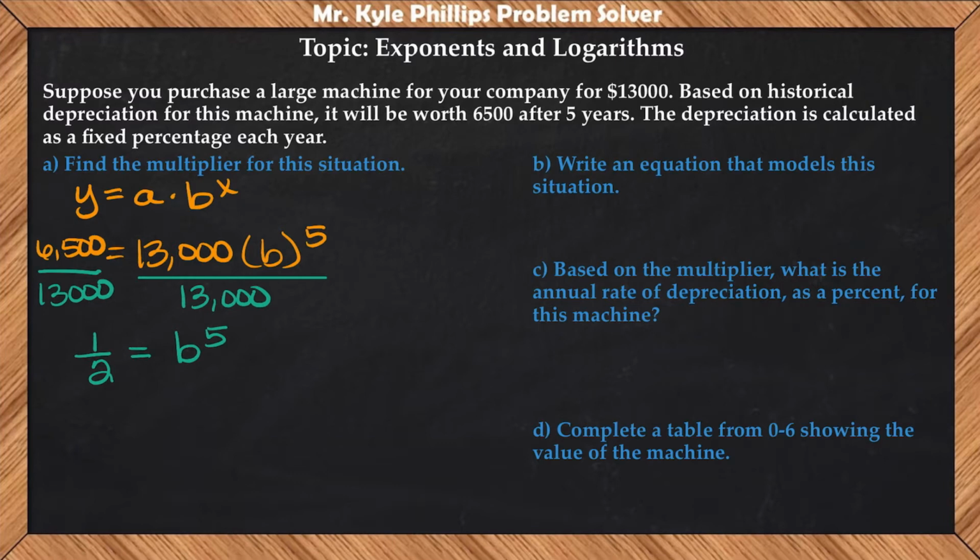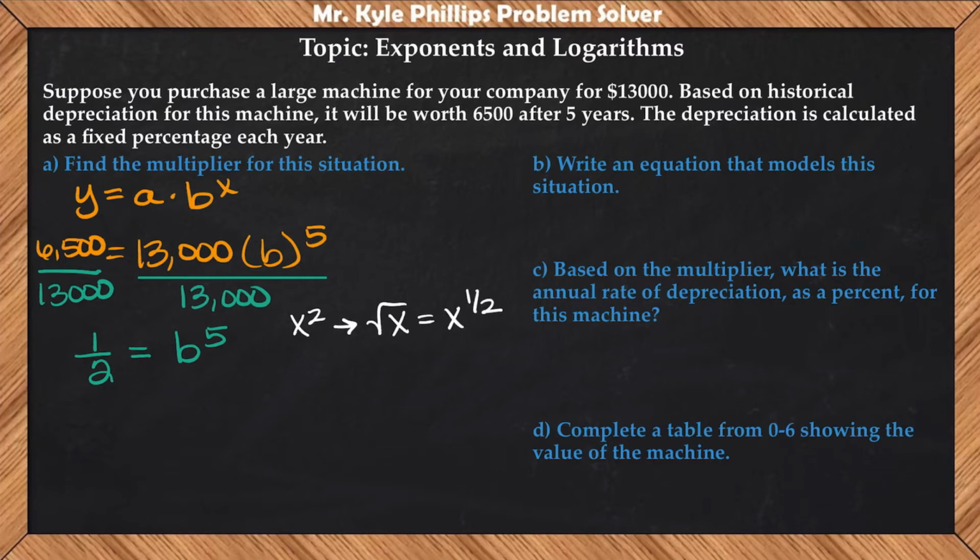Now, here, if you wanted to isolate something to the 5th power, there's a couple of ways you could do this. In Algebra 1, you learned that if you had x squared and you wanted x by itself, then what you could do is take the square root. And then in Algebra 2, you learned about rational exponents, and you know that the square root of x is the same thing as x to the 1/2.